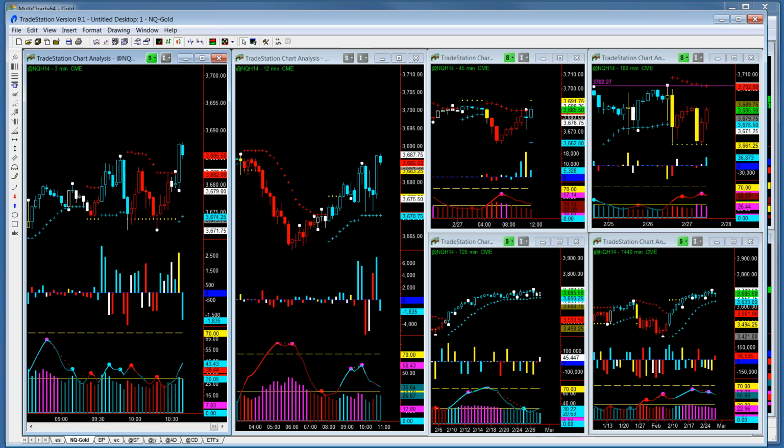Does everybody understand that? Yes or no? Well, the risk on that is too high. You're going to have to risk about 3 points. Well, 3 points is 9 ticks. No. 3 times 4 is 12 ticks. I'm not willing to risk 12 ticks.